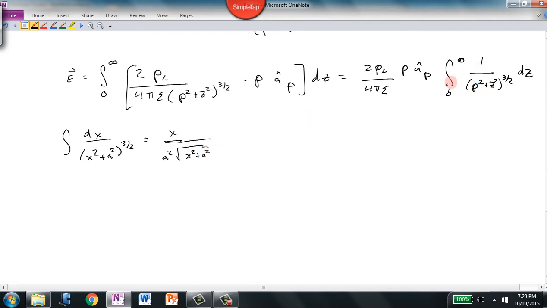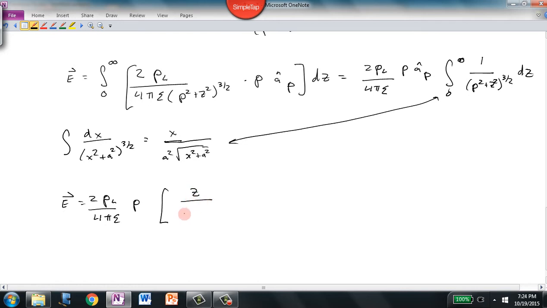Clearly, I can just plug that in, and so the electric field strength is going to be equal to 2 times the linear charge density divided by 4 pi epsilon, times however far away the point is in the rho direction, multiplied by the result of this integral, which is z over rho squared times the square root of z squared plus rho squared, evaluated at the limits of the integral, 0 and infinity, and all of that points purely in the rho direction.